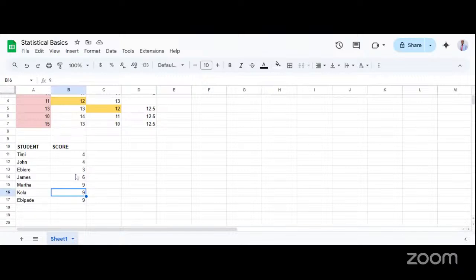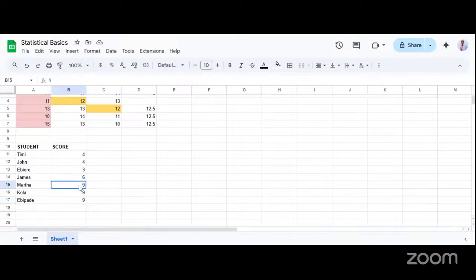If you know that first, it was just two students that scored 4. Then it was just one student that scored 3, and just one student that scored 6. So take notes. Two people scored 4, and then three people scored 9.